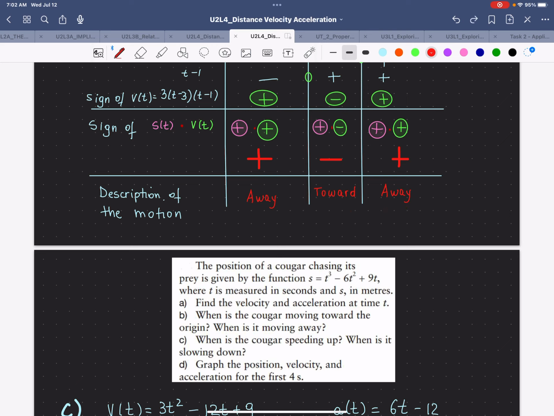So the way this works is that probably the cougar is going away from the prey. So if this is the prey, and then the cougar is going away from it, and then is going back, and then away again. So the motion will be following this pattern.